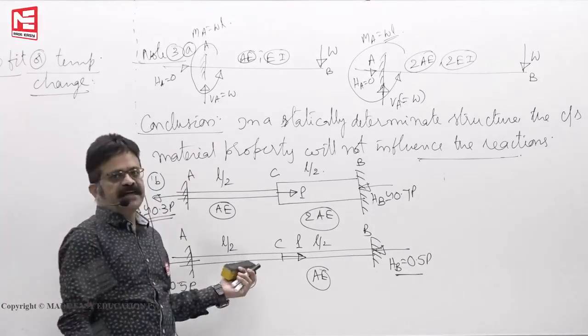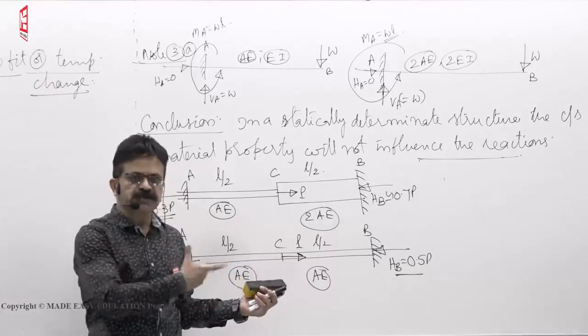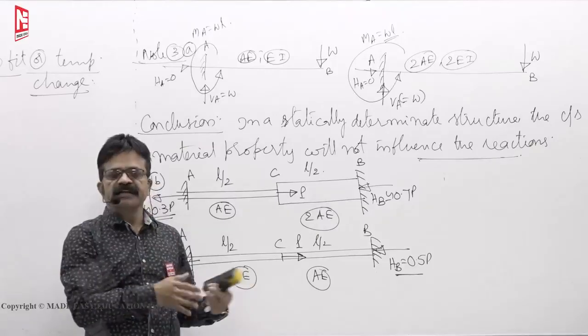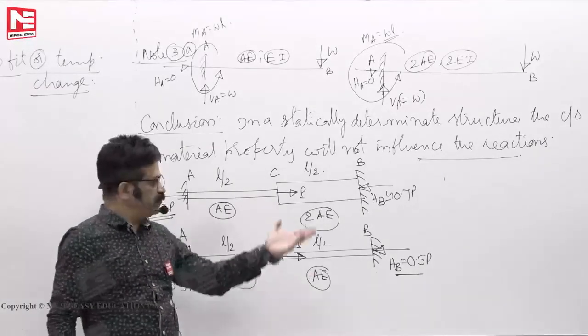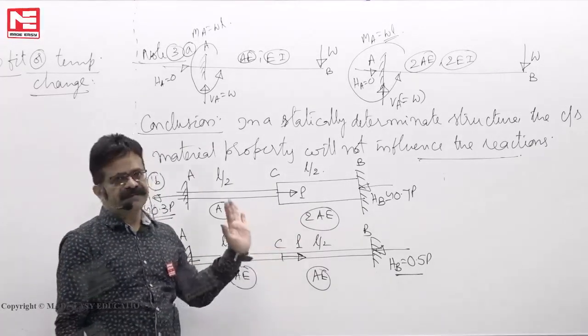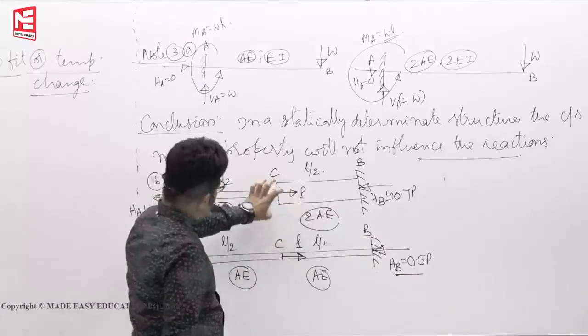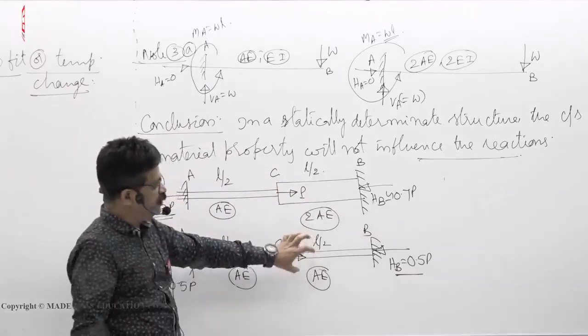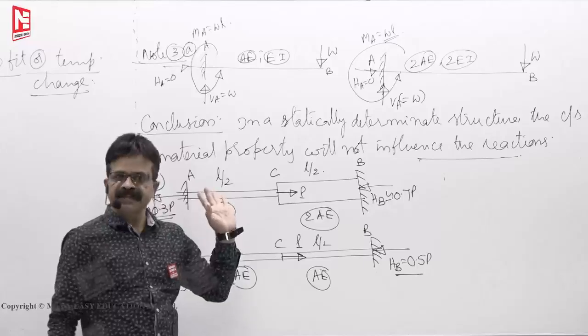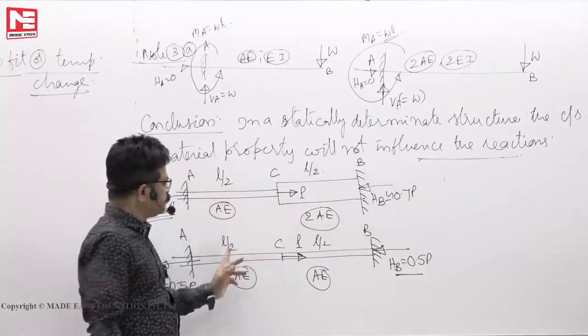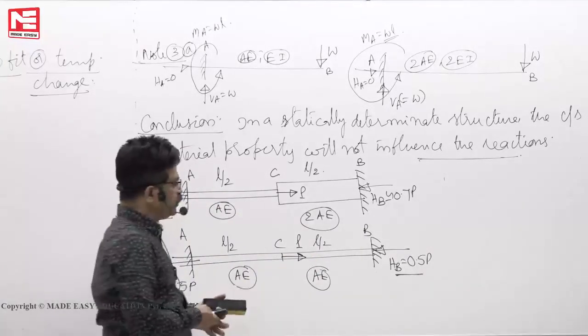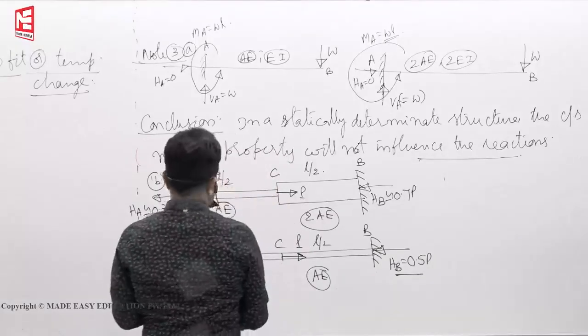Here, axial stiffness will decide who should take more, who should take less. The way we behave, structures also behave in the same way. So the material property influences the magnitude of the reactions or the forces in the members. This we write as another conclusion.